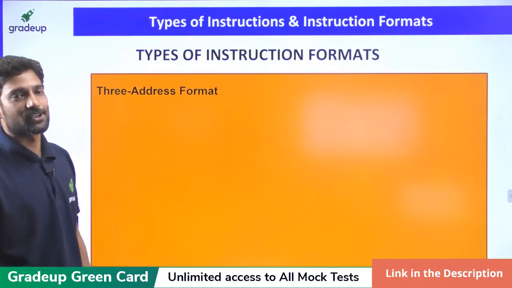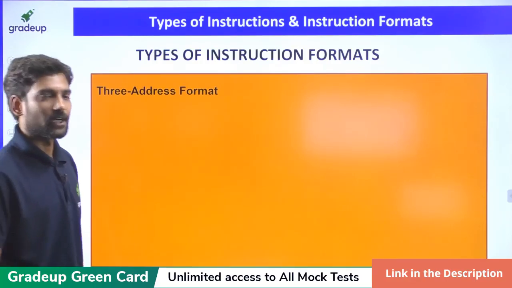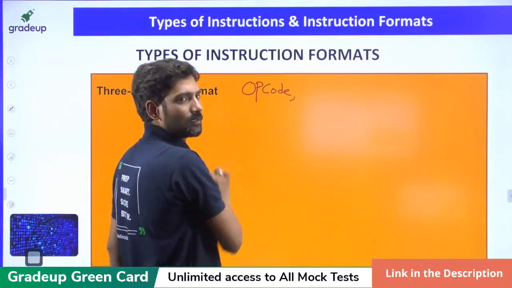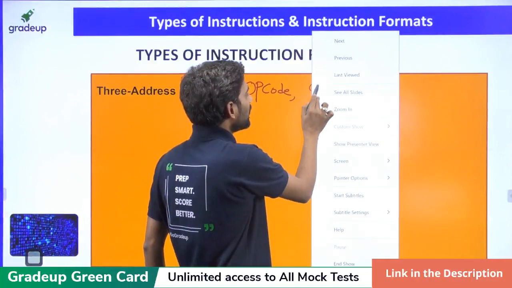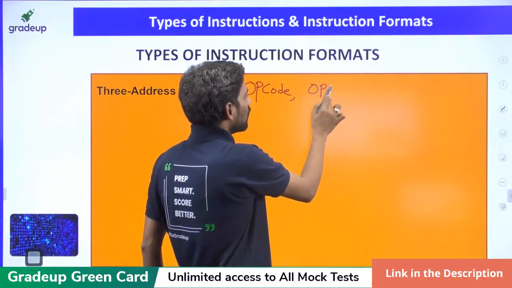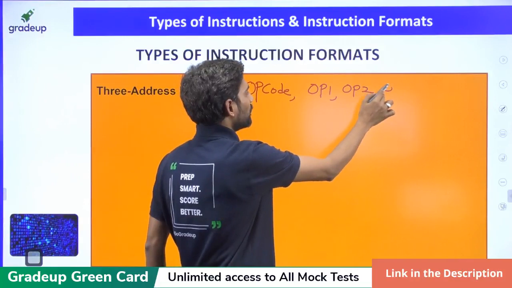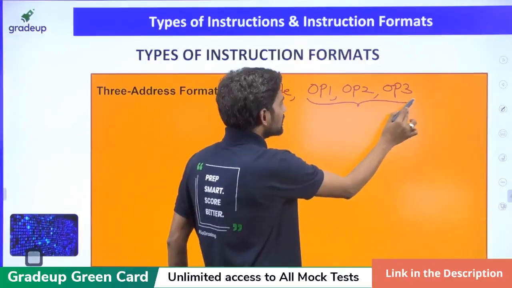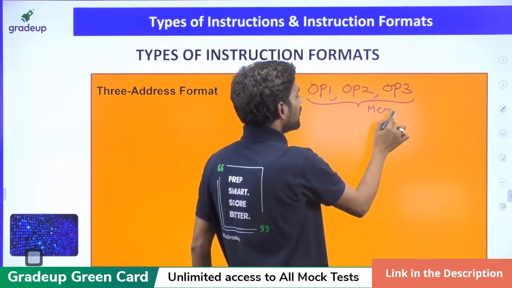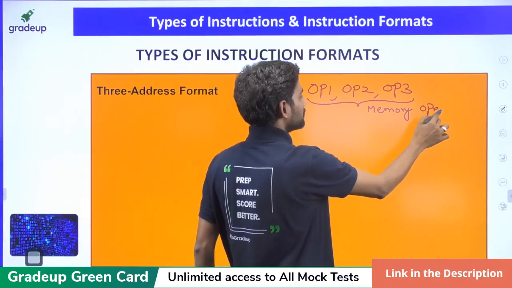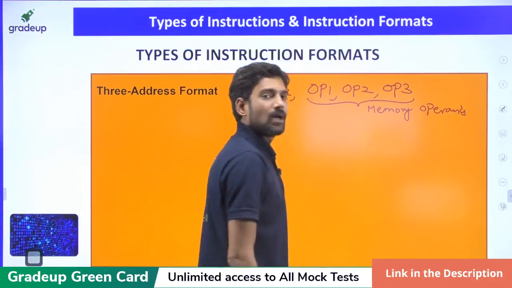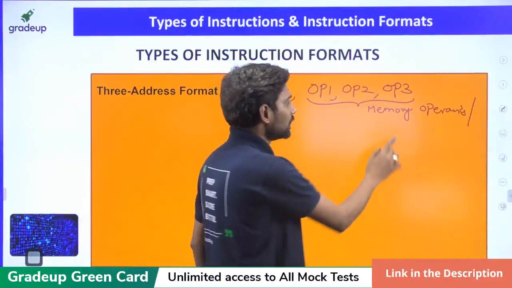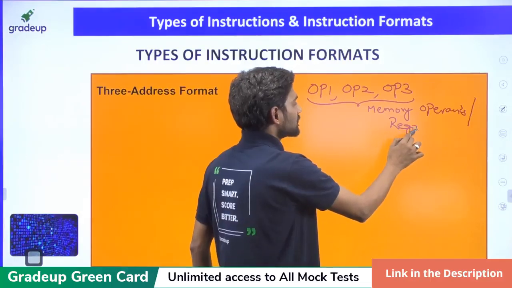Three address instruction format. That means you consider some opcode with 3 operands: OP1, OP2, OP3. These 3 should be memory operands or register operands.